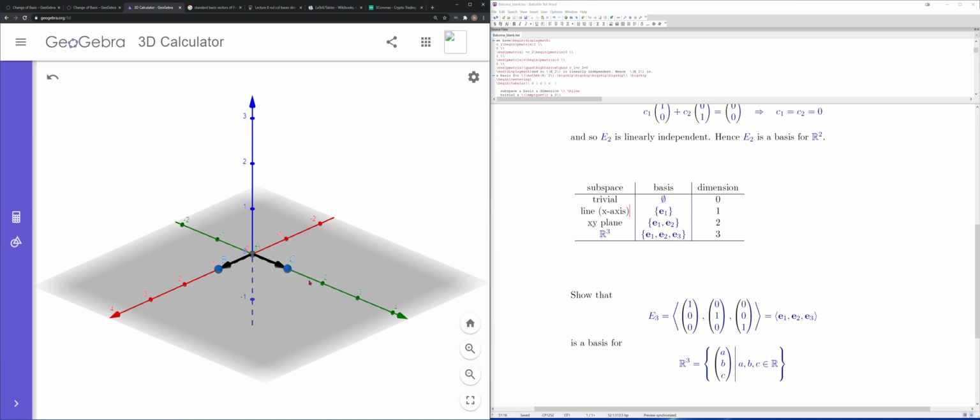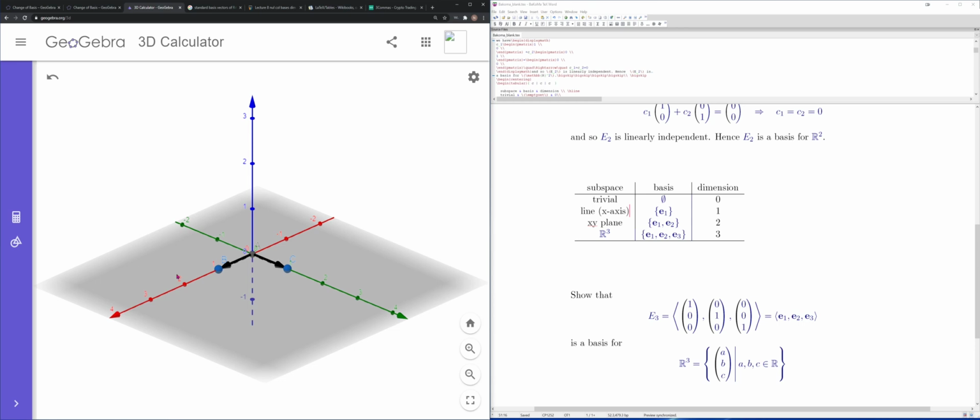A basis is E1 and E2, where E1 is the first vector, E2 is the second vector. So the dimension of the xy plane is the amount of vectors in this basis, which is 2.